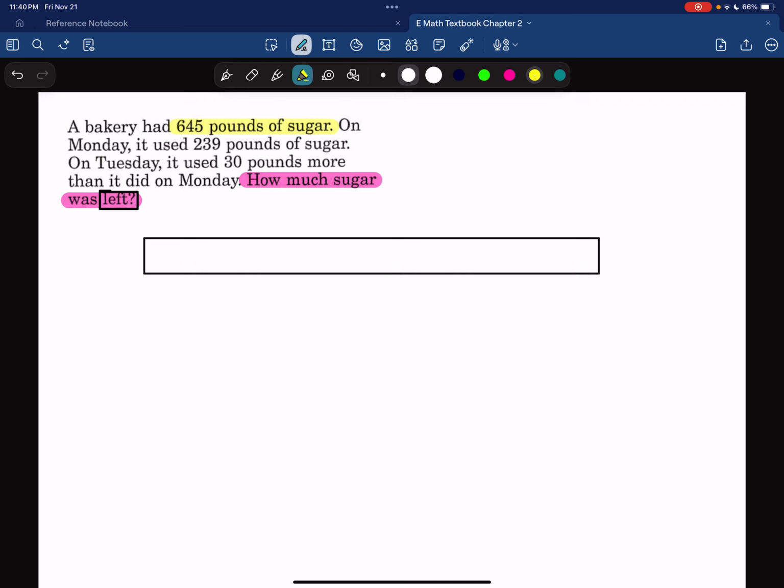So that's going to be a total. Then they tell me that on Monday, the bakery used 239 pounds of sugar. So let's make a mark here and call that 239 pounds on Monday.